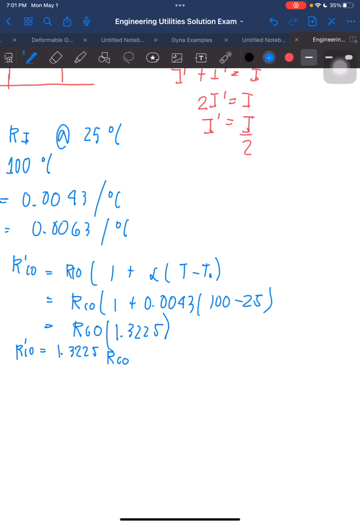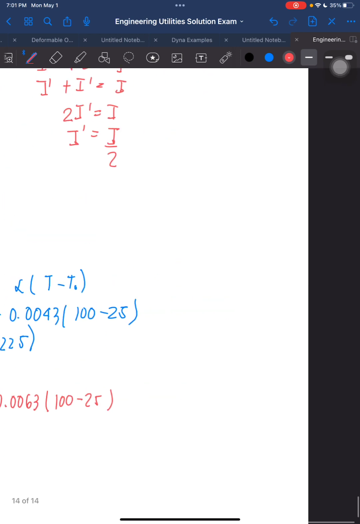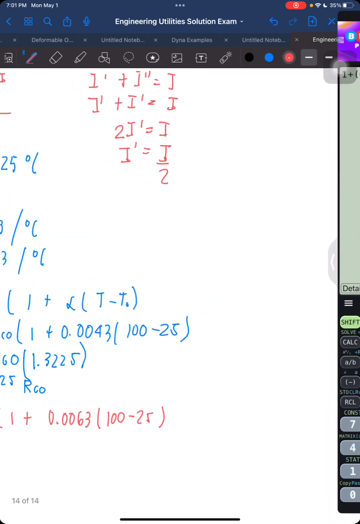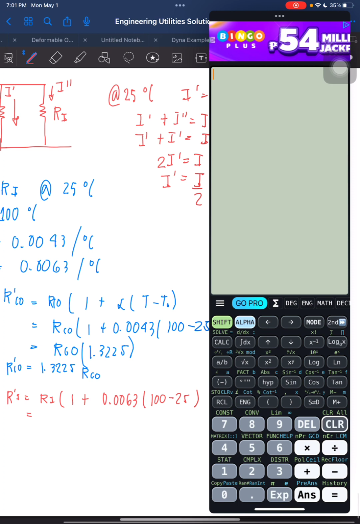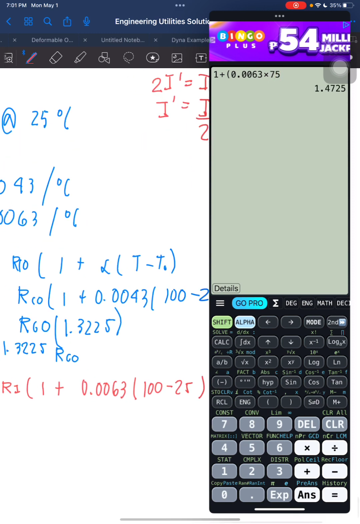So, dito naman tayo sa R prime iron equal to R iron times 1 plus yung alpha niya, 0.0063 times 100 minus 25 is equal to, wala yung calcio guys, 1 plus 0.0063 times 75, 1.4725.